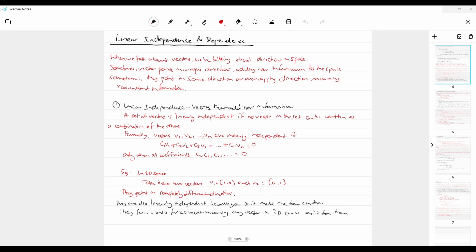Let's start with the big question. How do you know if a set of vectors adds new information or if some are just repeating others? A set of vectors is linearly independent if no other vector can be made by combining the others.